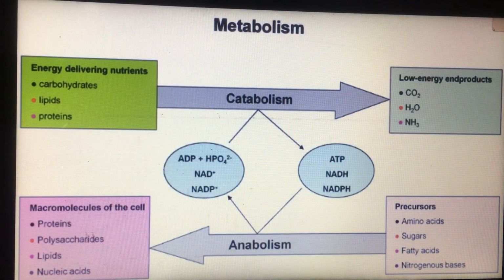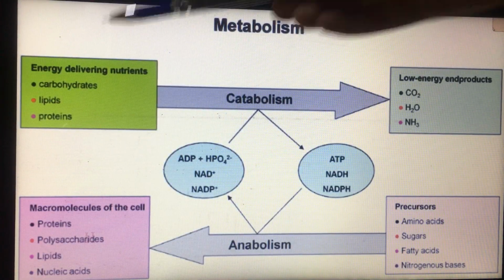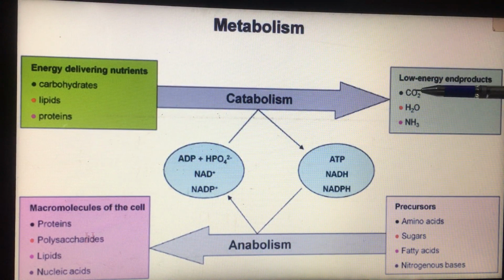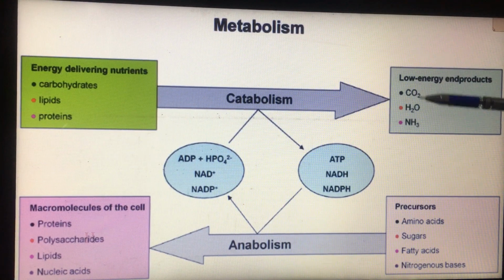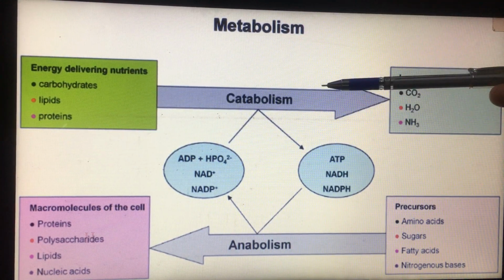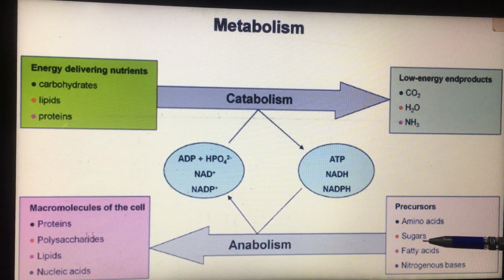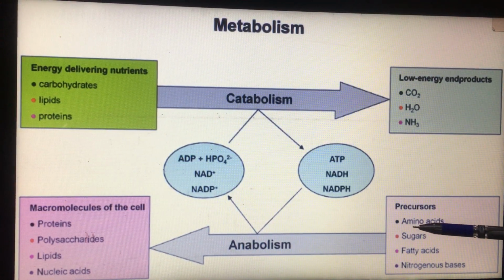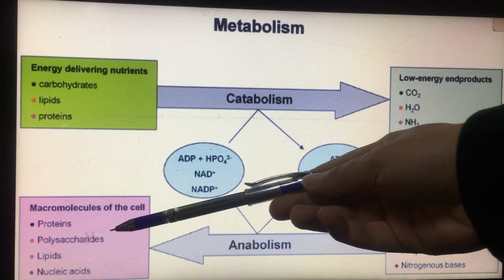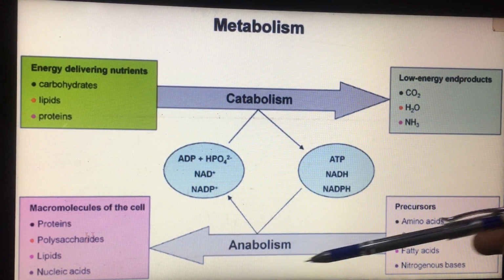As you see here, the breakdown of glucose, which is in carbohydrates, into carbon dioxide and water by respiration is an example of catabolism. And here, the condensation of glucose or sugars into polysaccharides is an example of anabolism.